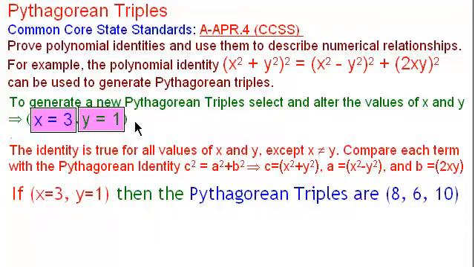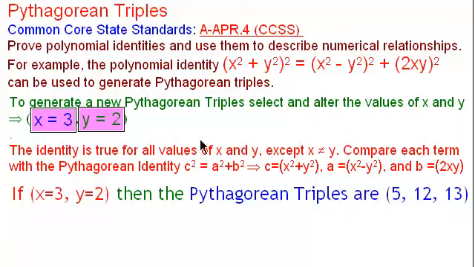This is another one. If I go back and change the y value to 2, so I'm going to increase it, I get 5, 12 and 13, which I also demonstrated visually previously in the same video, but by using the triangle.